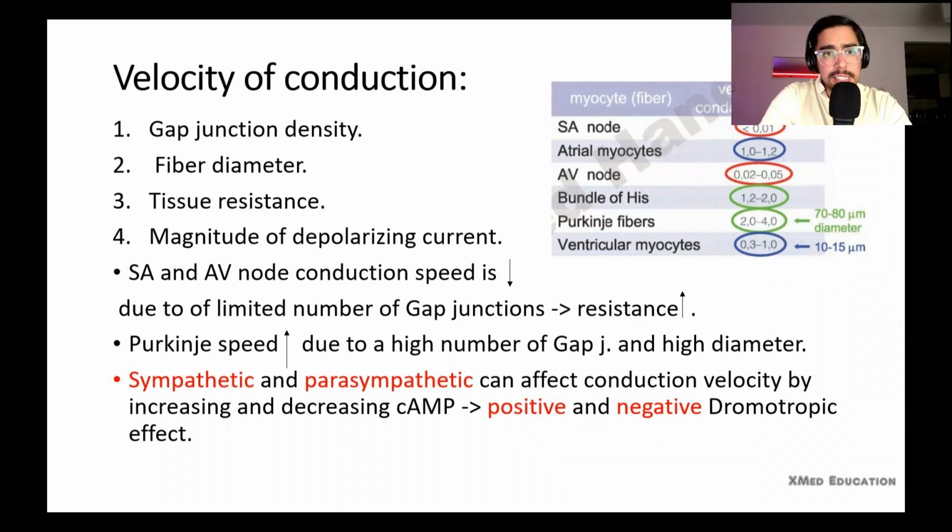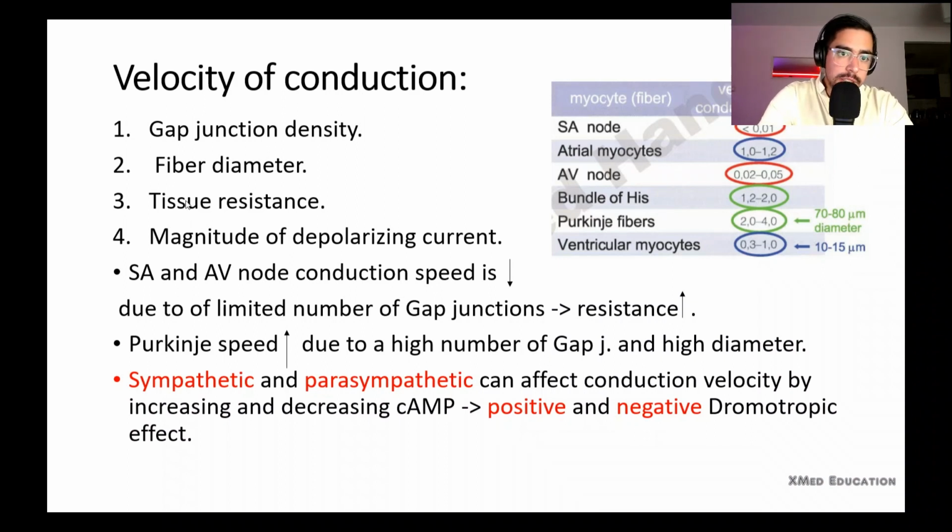The second is the fiber diameter. Just imagine that you have one road where just one car can pass, or a bigger road where many cars can pass. Definitely if the road is larger in diameter, more cars can pass through that road.